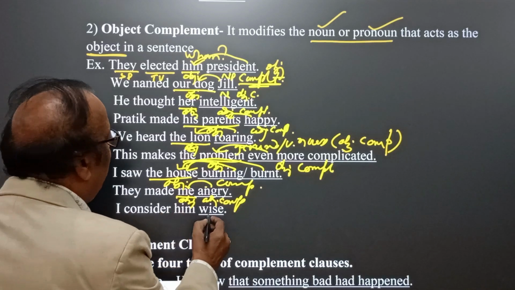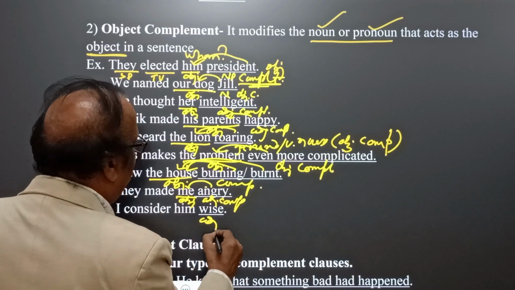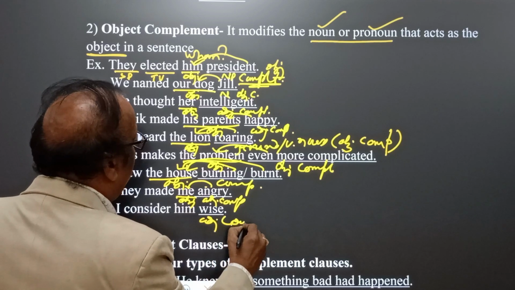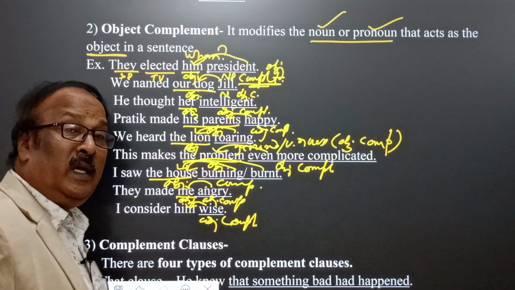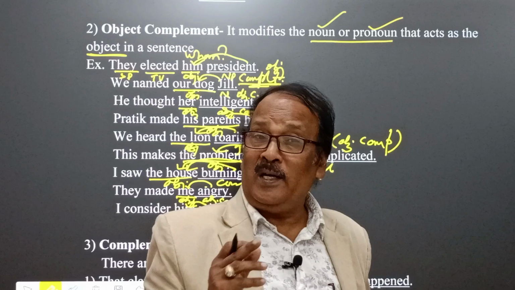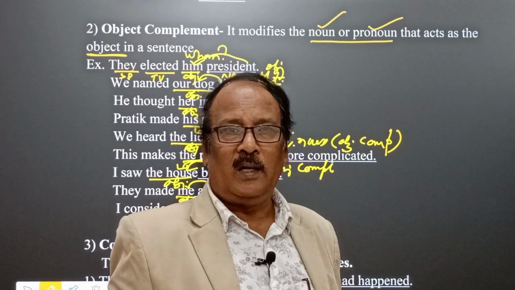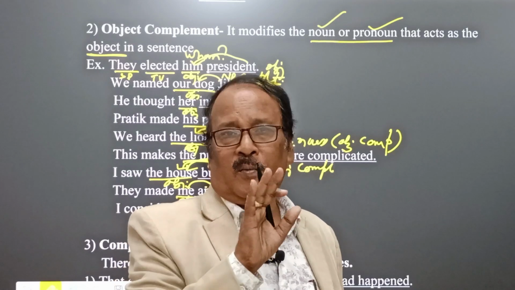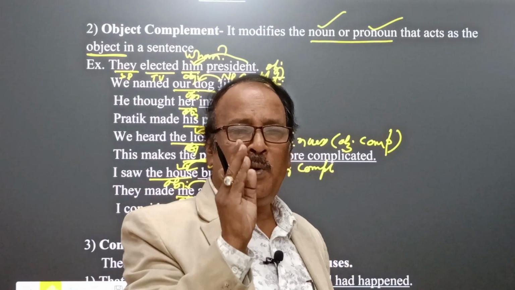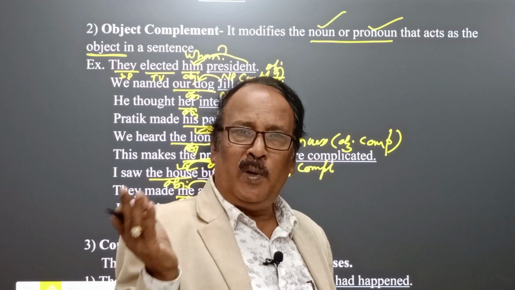I consider him wise. Wise is an adjective and complement. And here we find that wise complements him. This is the way we find, my dear students, and it is very interesting, as we have discussed, complements are of two types. One is the subject complement, another is the object complement.